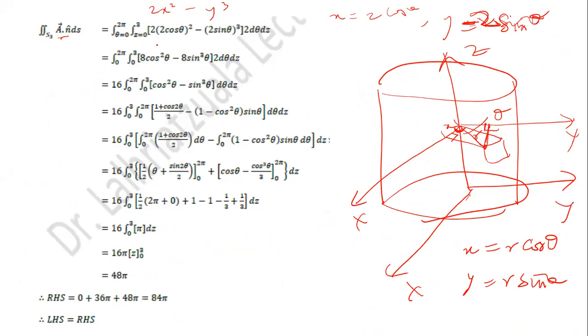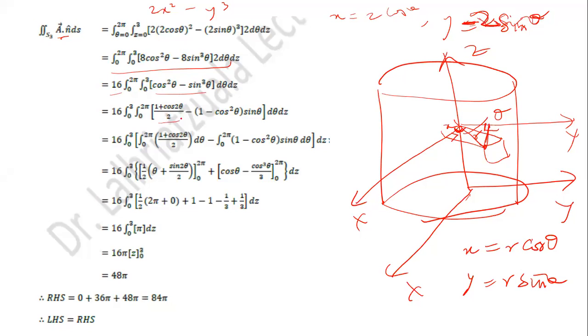So you just substitute here, and this is algebraic simplification. This is what you will get after this: 2 square into 4, 2, and you take 8 as common, it becomes 16, and this is what you have.